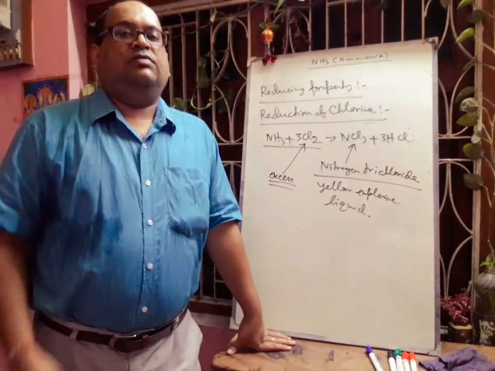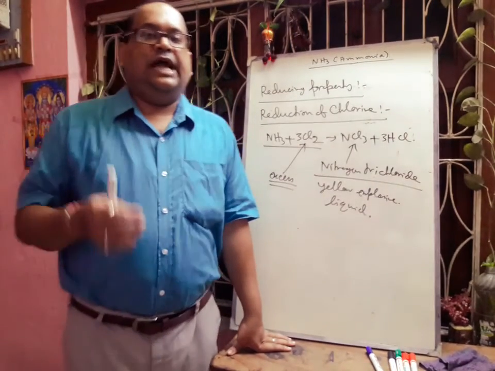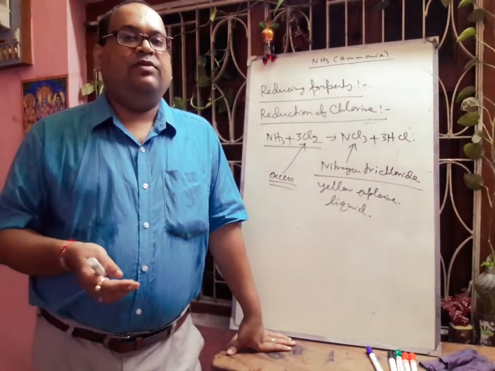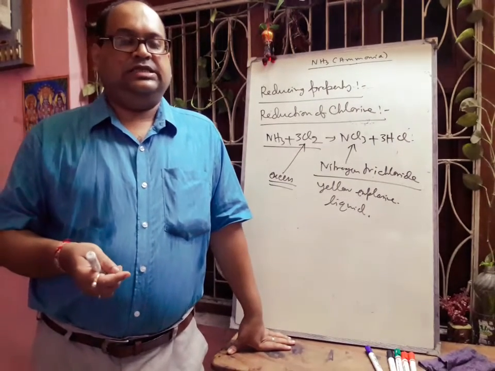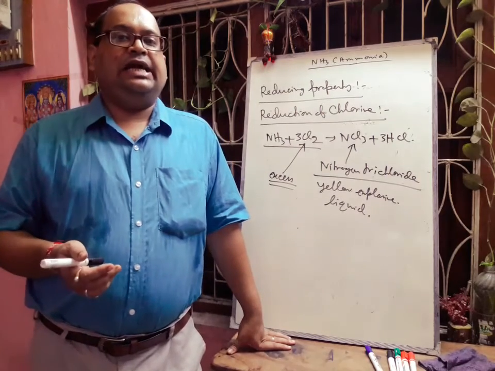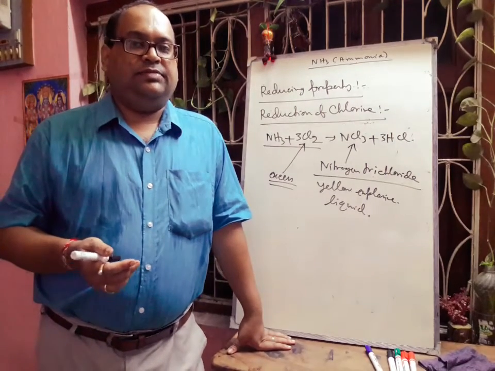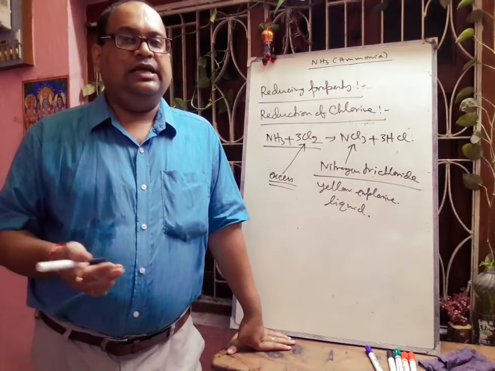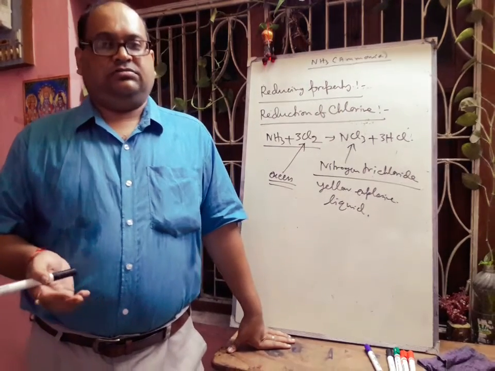Next, we discuss that nitrogen gas can also be prepared from unstable ammonium nitrite, that is NH4NO2. But we know that ammonium nitrite is an explosive, and direct heating will cause explosion.